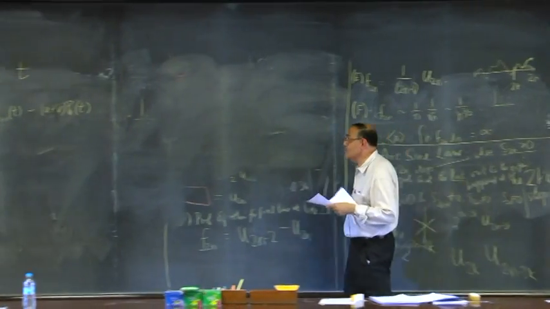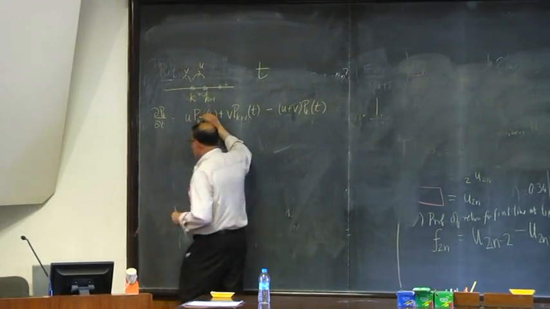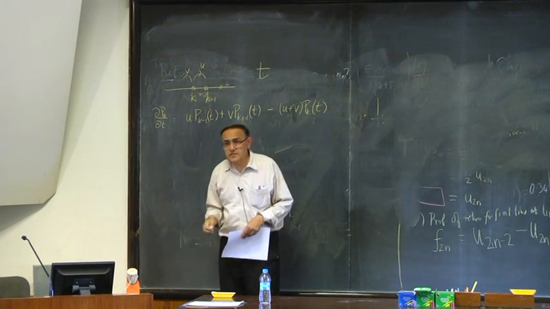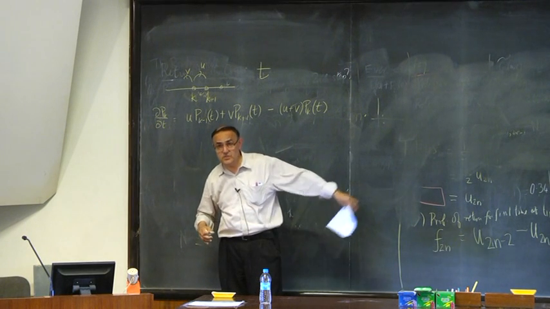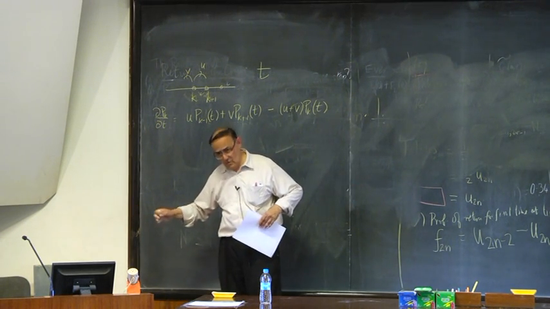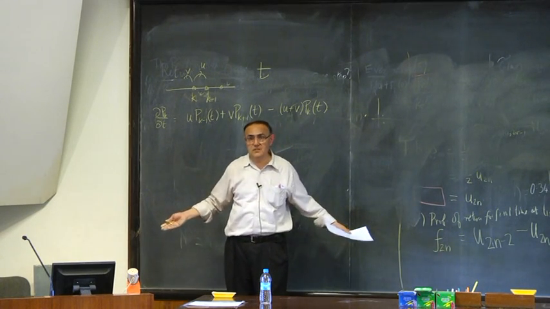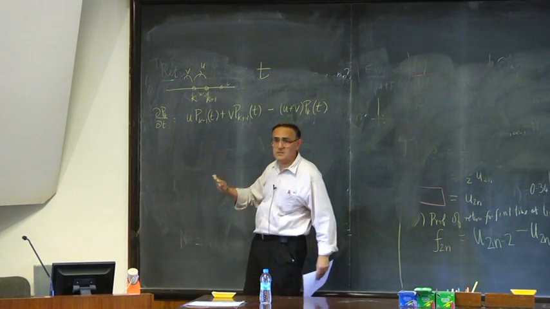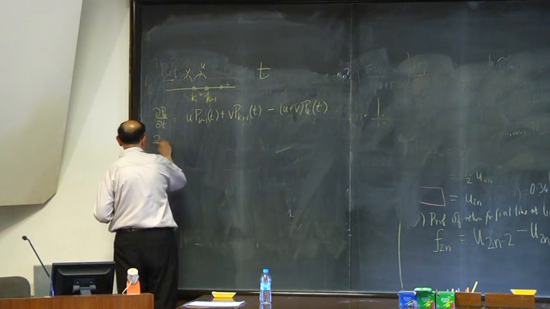The probability to be at some site can increase due to the flux from site k minus 1 or from k plus 1, but it could decrease because I might hop out from k. So this is a sensible equation. We can rewrite this in matrix form.